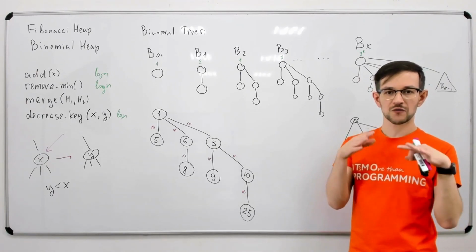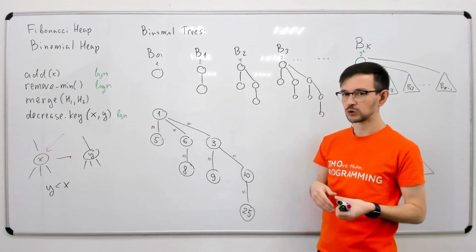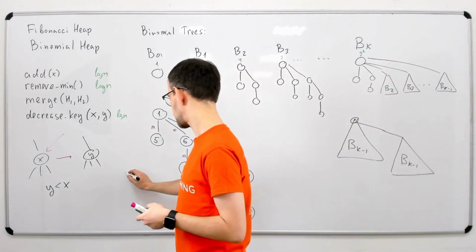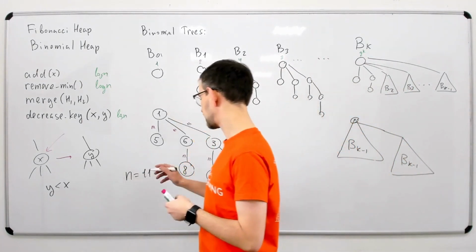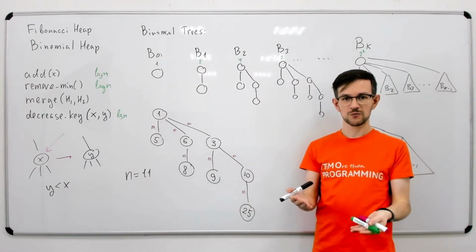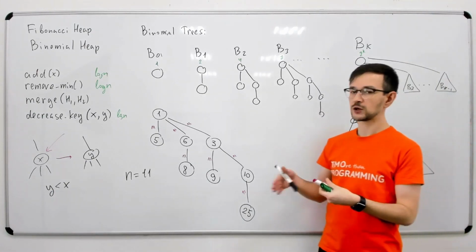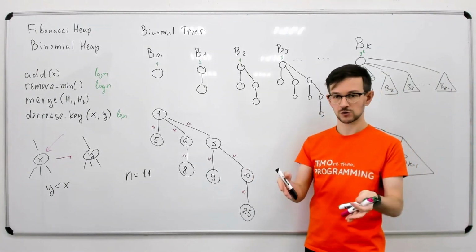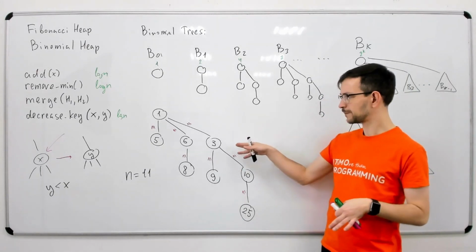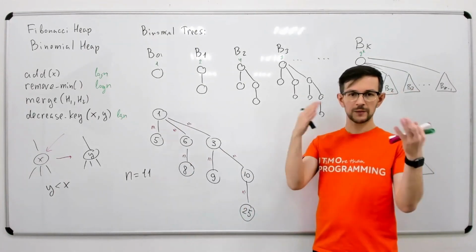What if the number of elements is not a power of 2? For example, what if you want to put 11 elements in your binomial heap? You take not one tree but several trees. You take a tree of rank 3 and put 8 elements here. Now 3 elements are left.